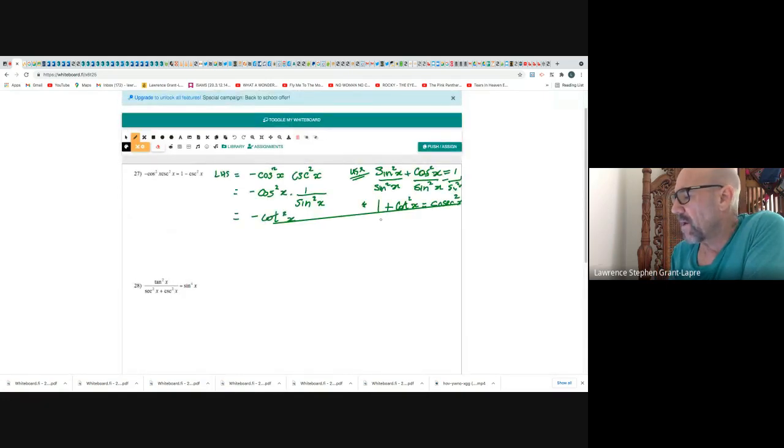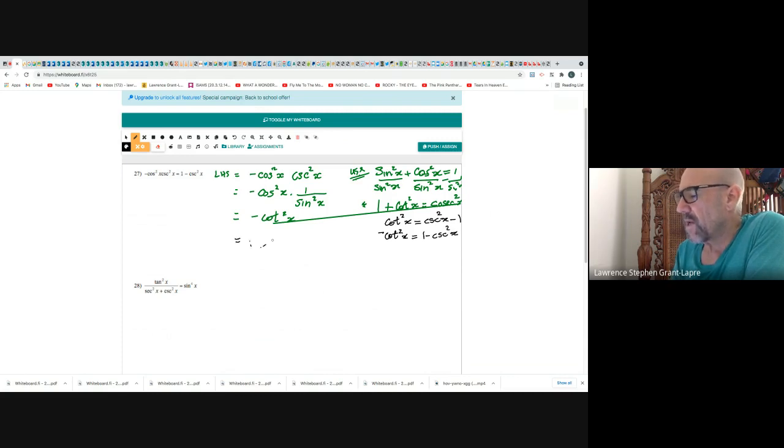I'm going to leave the cot squared x here and take the 1 across. So cosec squared x minus 1. But if I have a negative, that means I change the order to be 1 minus cosec squared x.